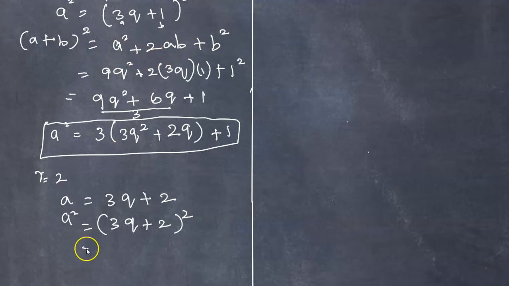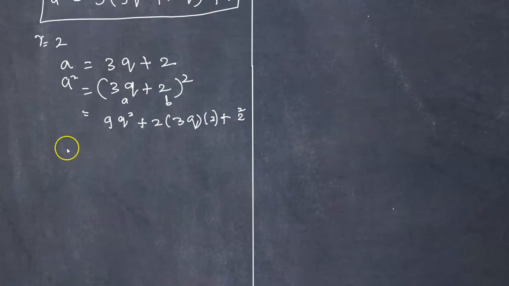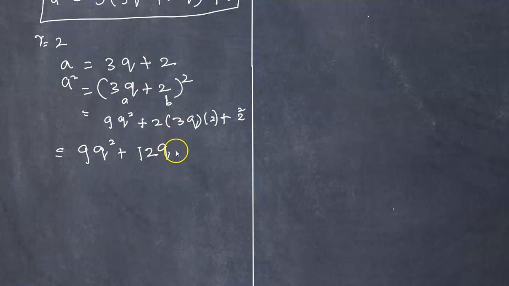So, this is A and this is B. So, A square, 3 3s are 9Q square, plus 2 into A is 3Q into B is 2, plus B square. What is B? 2. So, 2 square. So, again this equals 9Q square plus 2 3s are 6 and 6 into 2 is 12Q plus 2 square is 4.